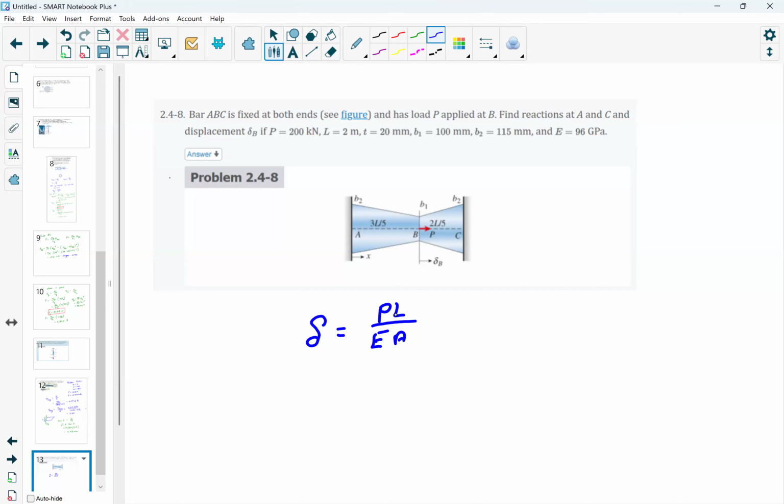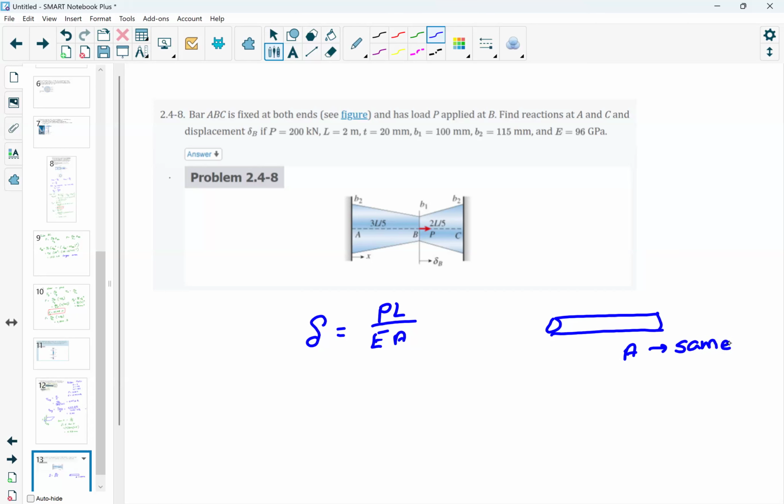P is the force and L is the length, which is fine. And E is the static quantity, the modulus of elasticity, but it's the A here. If I have a bar, and it doesn't matter if it's solid or hollow, the A is going to be the same throughout the bar.